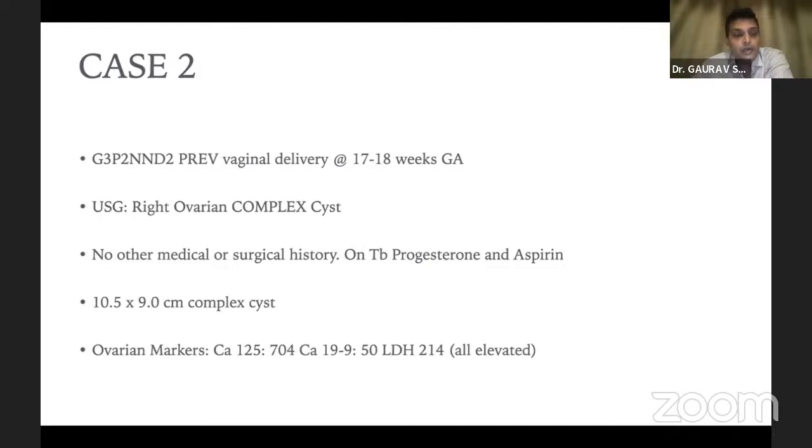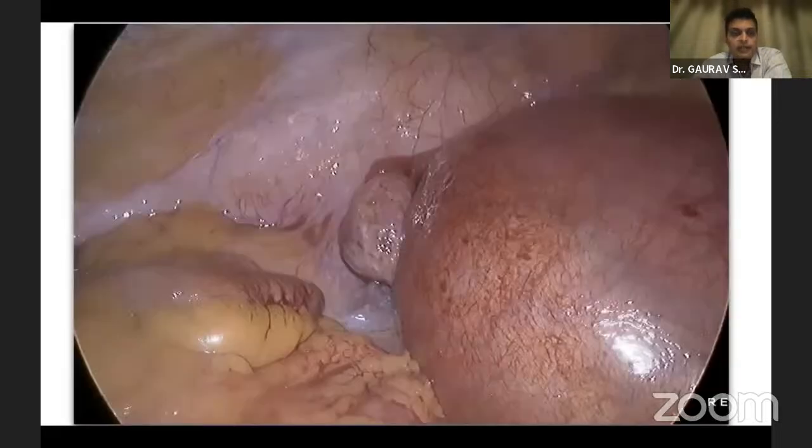The ultrasound showed a 10 by 9 centimeter complex ovarian cyst on the right side. And her ovarian markers were a bit of a dilemma because CA125 was high, it was 700. CA 19-9 was 50, LDH was 214. They all were elevated, so we were in a dilemma whether some of it is partly because she's pregnant or is it just the cyst in itself.